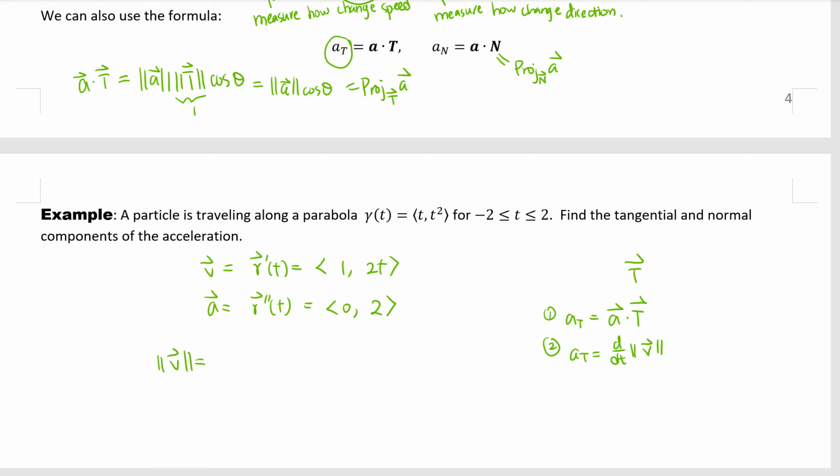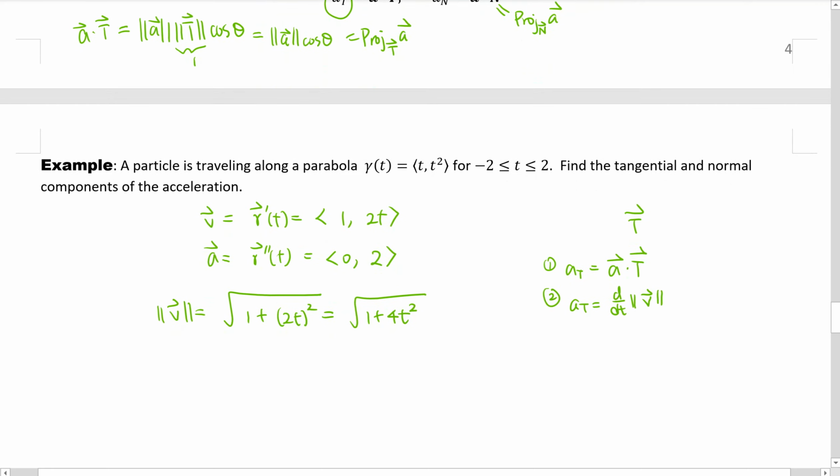The speed in this case is the square root of 1 squared plus 2t squared, which is the same as the square root of 1 plus 4t squared. Okay, let's continue. What is the derivative of the speed then?